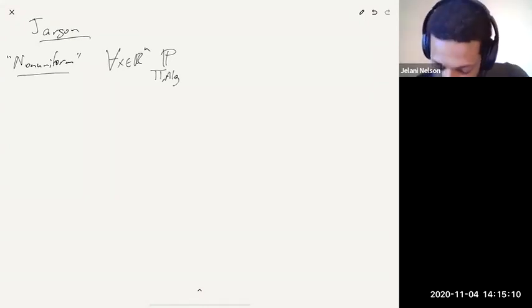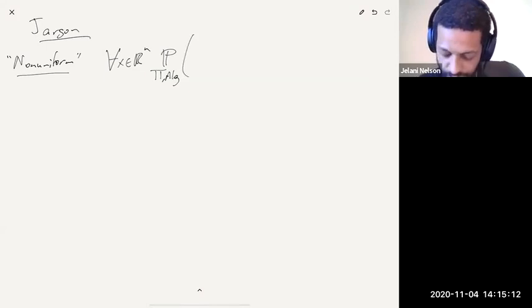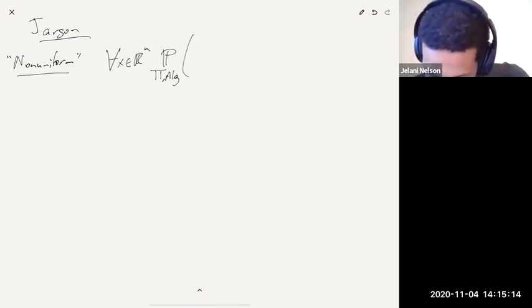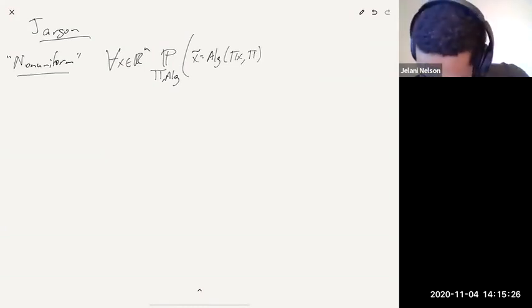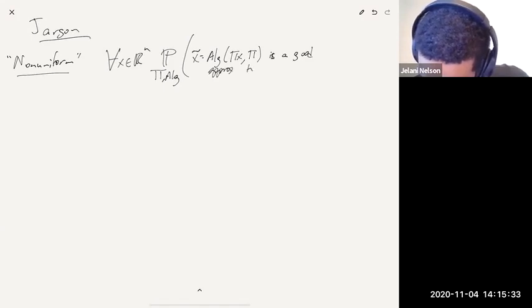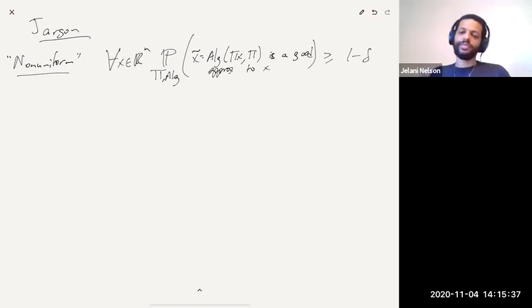The probability that x tilde equals Alg, where Alg is the recovery algorithm, which takes as input Pi x, and it also takes as input Pi, it knows what Pi is, is a good approximation to x is at least 1 minus delta. Okay.